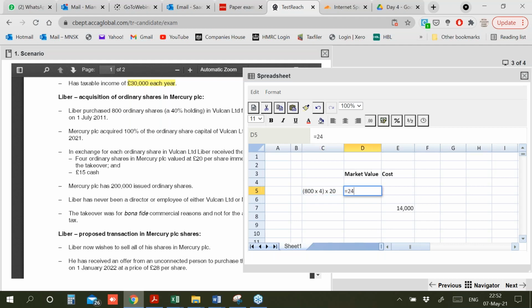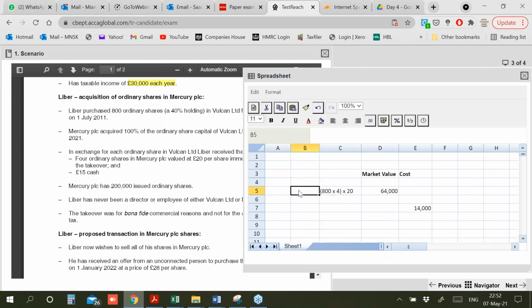So 3,200 times 20, 64,000 is the market value of the shares I have received. I am not currently apportioning the cost. I'll explain later how I will apportion the cost. This is the market value of the new shares that I have received. So I'll write shares here.